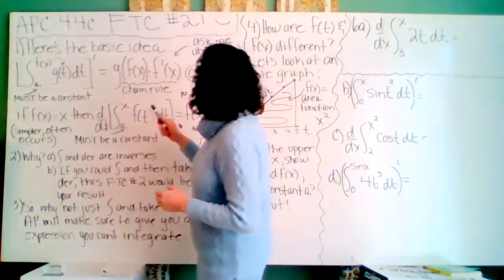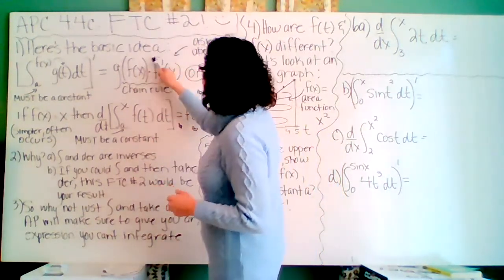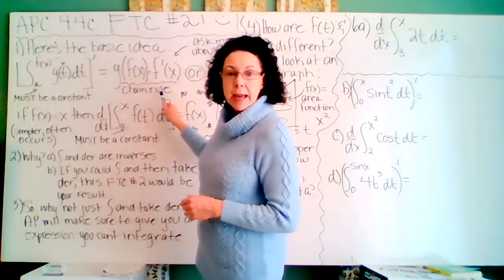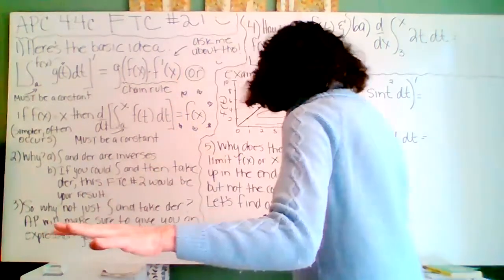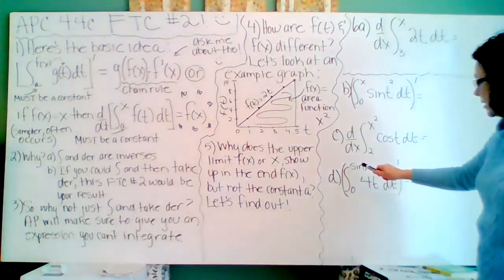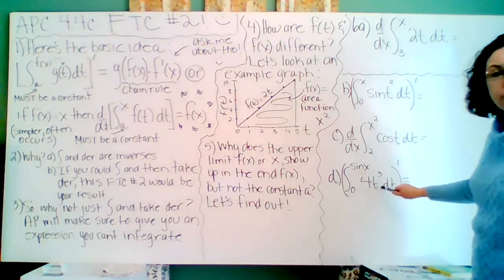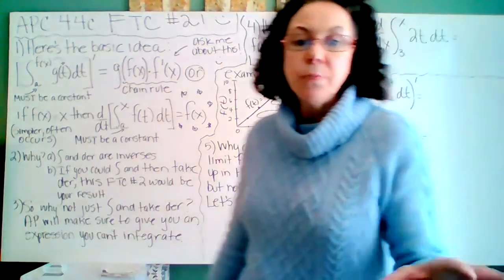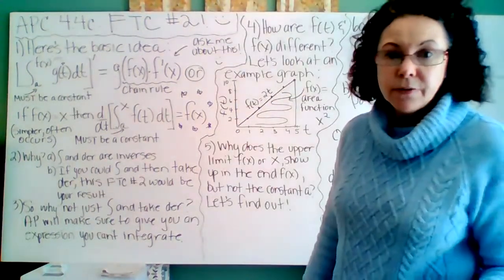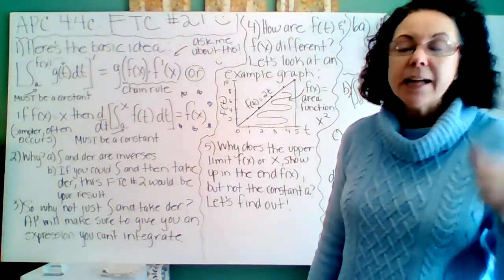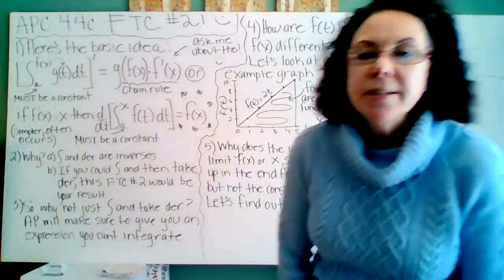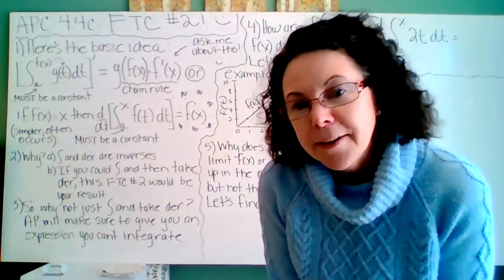Ask about this. Again, this is what students will forget. They will remember to put sine into this function here, but they will not remember to multiply by the derivative of sine, which is cosine. That's what they will forget. Please do not forget it.